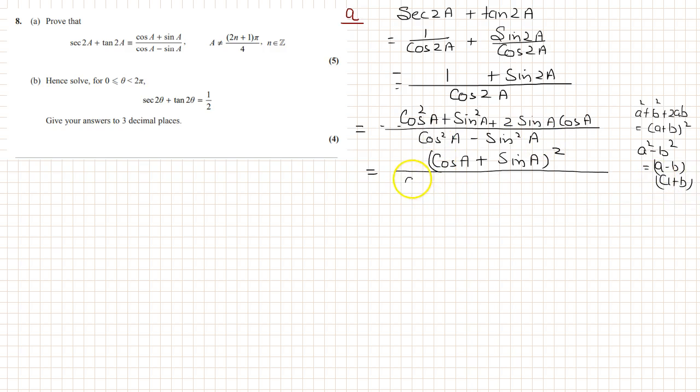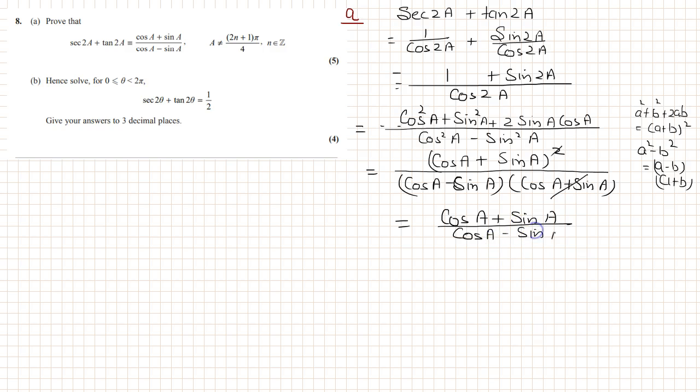So this part can be written as (cos a minus sine a)(cos a plus sine a). Cos a plus sine a, this square is cancelled by this, so this is equal to cos a plus sine a over cos a minus sine a. That is what we are supposed to prove.